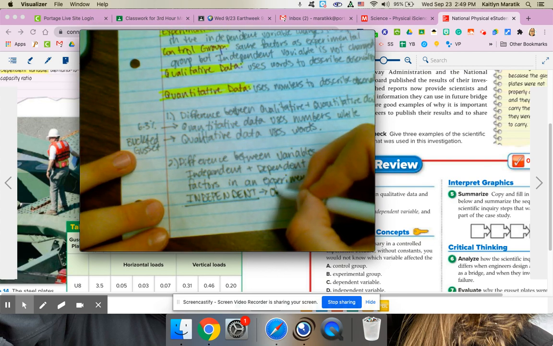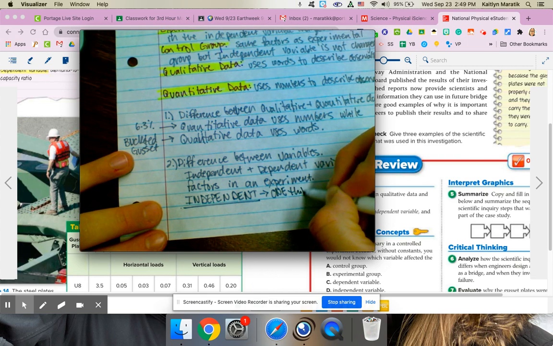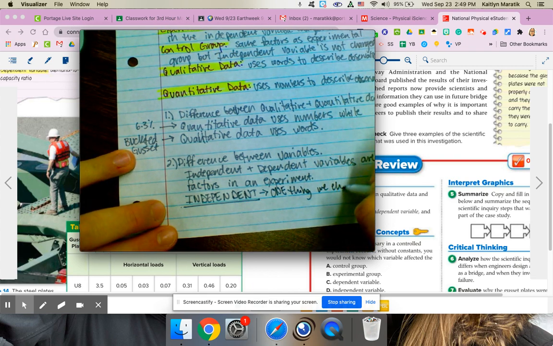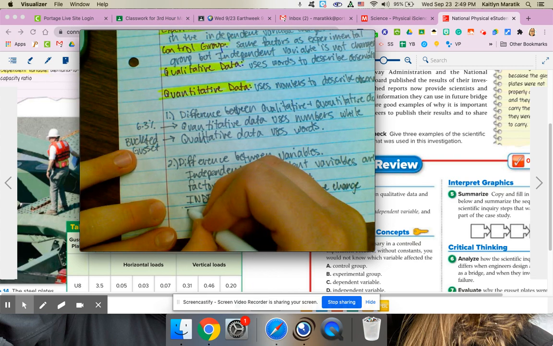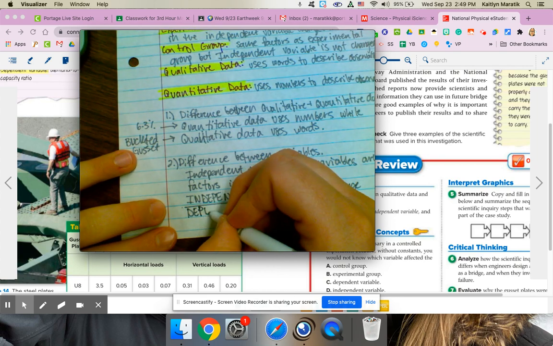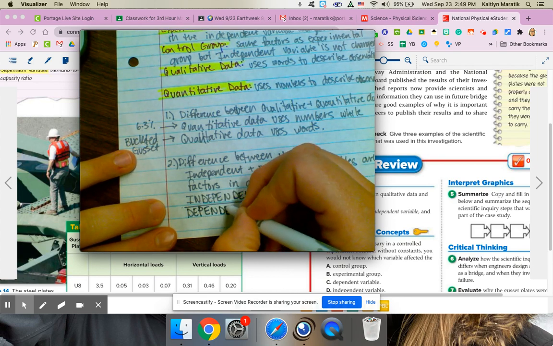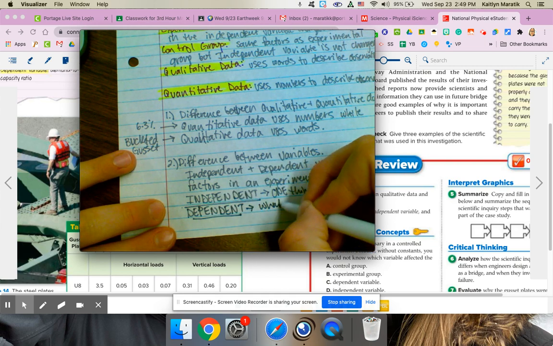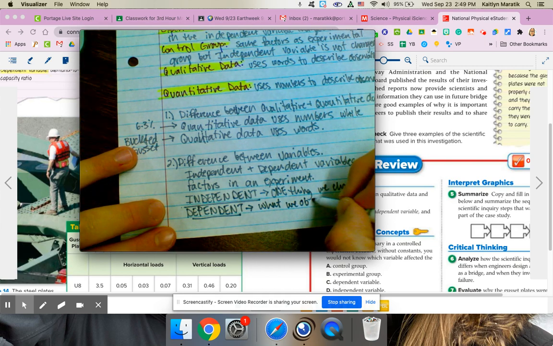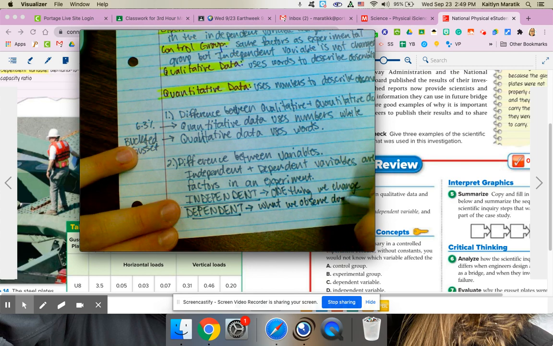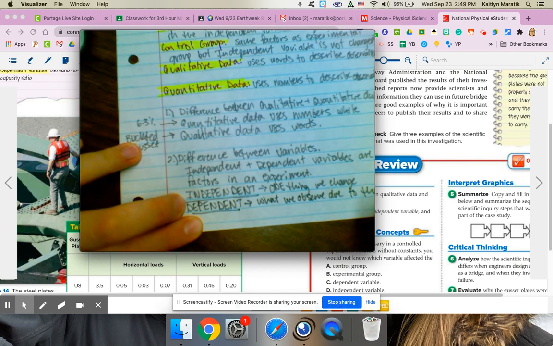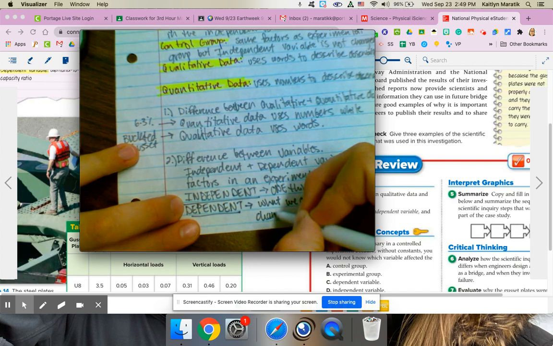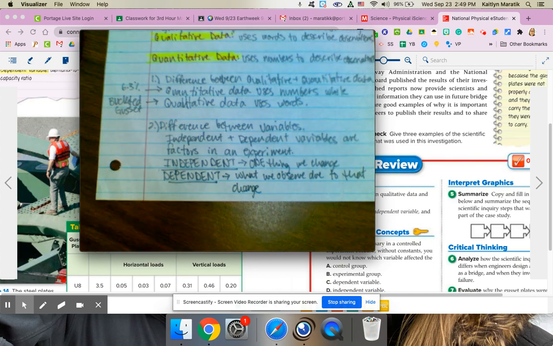So one thing we change. Dependent, what we observe, is what we observe due to that change.